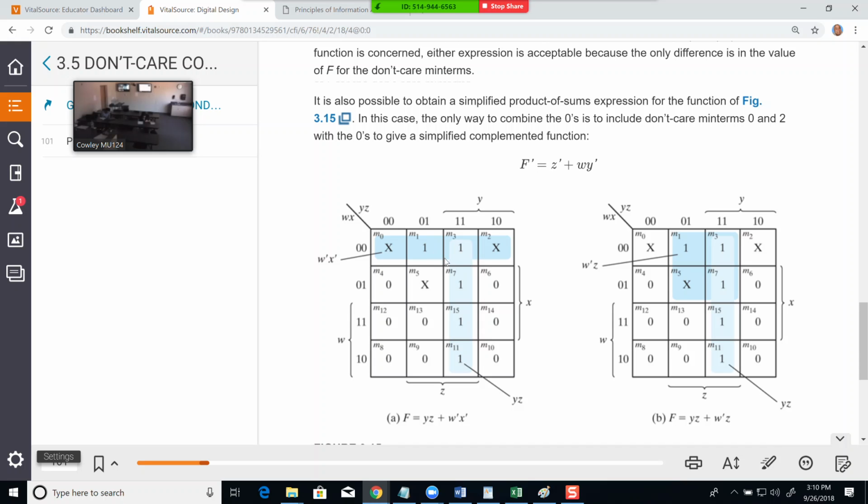They're all 1s. And then 0, 2, and 5: M0, M2, and M5. Where's M5? M5 is right there, automatically X's.